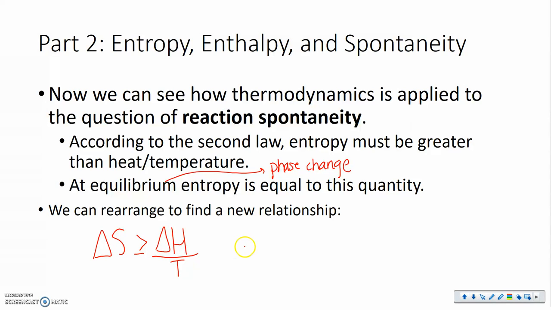So if we rearrange this, we can bring T over. And then if we combine all of our variables onto one side, so we subtract over this T delta S, that means 0 must be greater than this whole quantity for a spontaneous reaction.